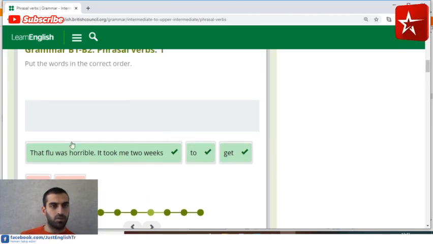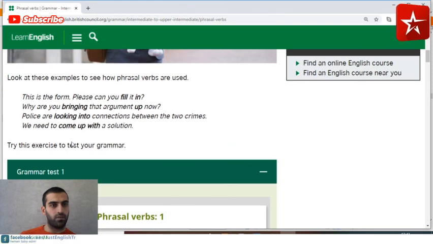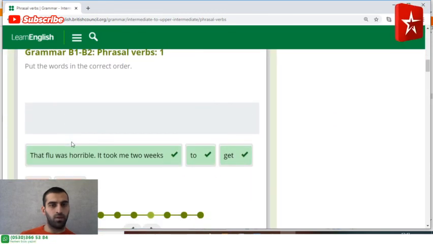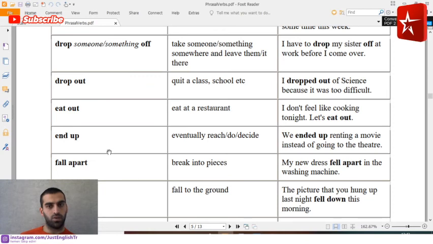Great. So, as you see, today we have learned phrasal verbs. In today's lesson, we have talked about phrasal verbs, phrasal combinations, and I showed you the list of phrasal verbs on the screen. And if you want, I can send this material to your email addresses.